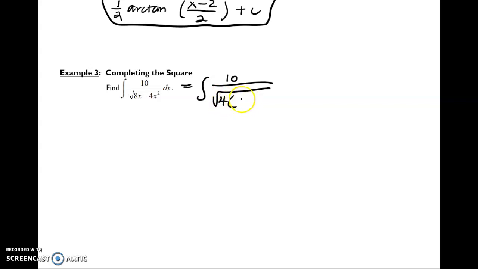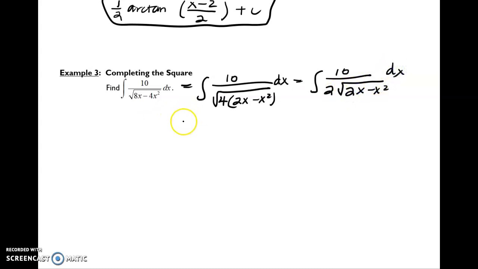So I have 4 times 2x minus x squared, which I can rewrite as 10 over, now here I have to take the square root of 4, 2 square root 2x minus x squared. And so then I can simplify just a little bit more, 10 over 2, 5 over square root of 2x minus x squared.